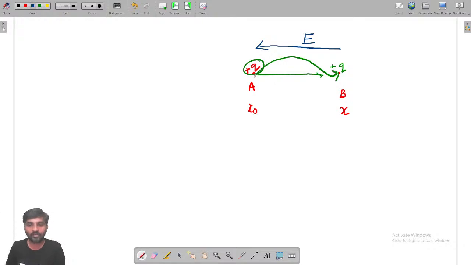So when you're trying to move, the work done to move a positive charge Q from A to B, that is from x0 to x, is called potential V. And it represents that the work done is an integration from x0 to x of E dx.